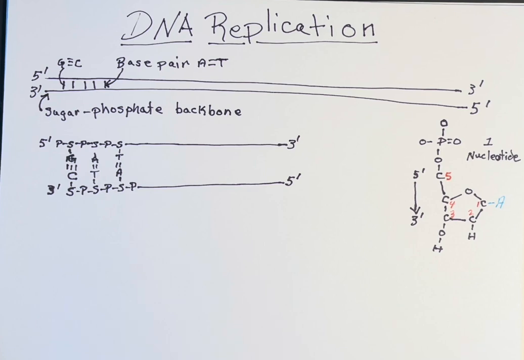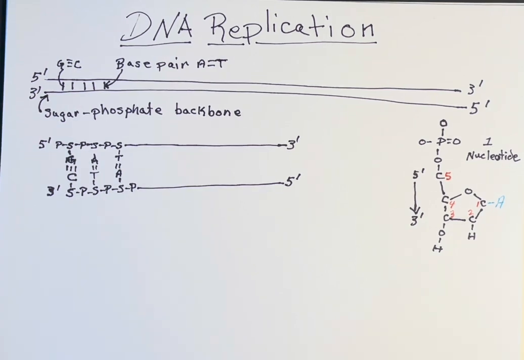So now we will begin the start of DNA replication. Again, if it is clear to you what these two lines represent of the sugar phosphate backbone, you do not have to draw the additional nucleotide that was drawn here.